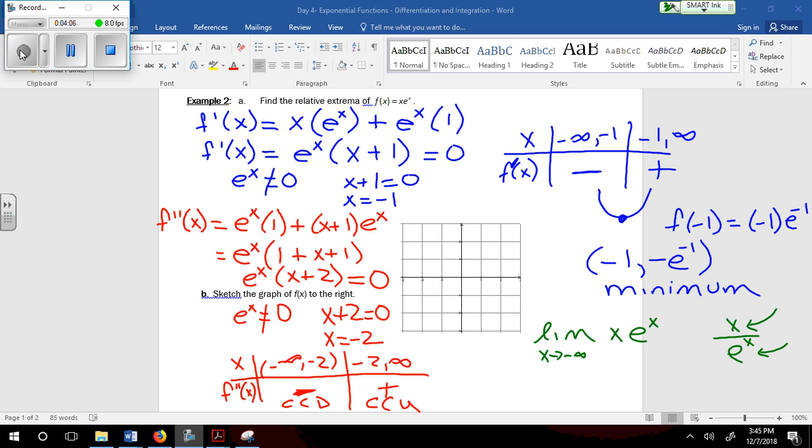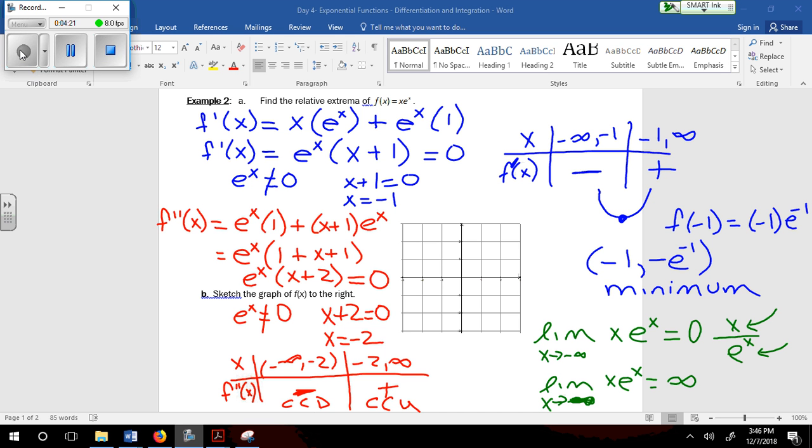And so this limit equals 0 on the left side. However, on the right side, it won't be in the denominator. So positive infinity. This one will go to infinity.